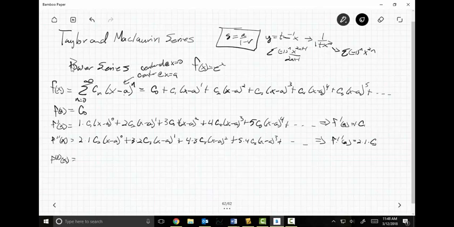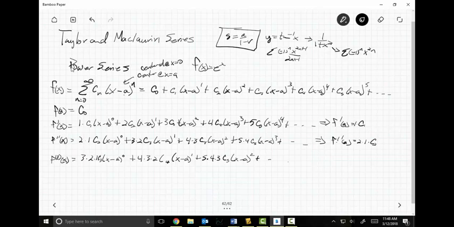Now, again, this is a constant. It disappears. So I get 3 times 2 times 1 times c sub 3 times x minus a to the 0, plus 4 times 3 times 2 c sub 4 times x minus a to the first, plus 5 times 4 times 3 c sub 5 times x minus a squared, plus dot dot dot.